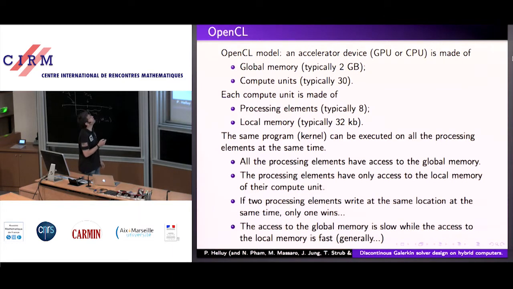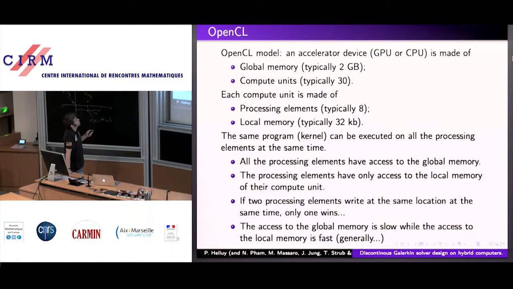So recently, a new, so it's not a language, but it's rather a framework. It's a model of parallel accelerator, which is called OpenCL. So it's a software environment for programming such hardware. So in the OpenCL model, an accelerator device, which can be a GPU or a CPU or any kind of multi-core processor, is made of memory.